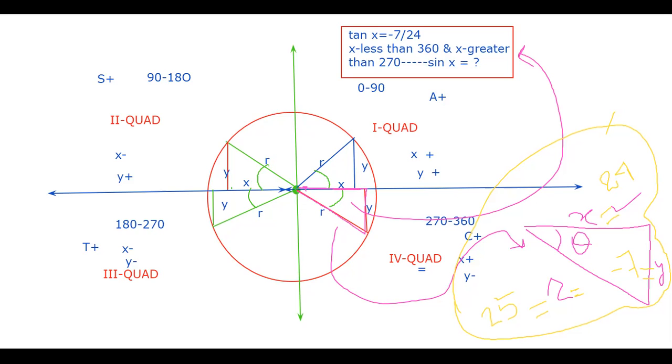Isn't it 25 over 24? Cosecant is the reciprocal of sine. You have just calculated the sine over here, that is minus 7 over 25. So just the reciprocal of this is the cosecant. Am I right? Oh my God, I don't know what I'm doing right now.